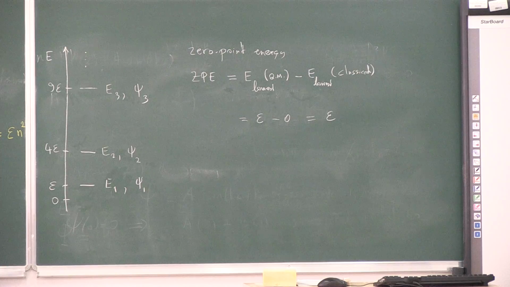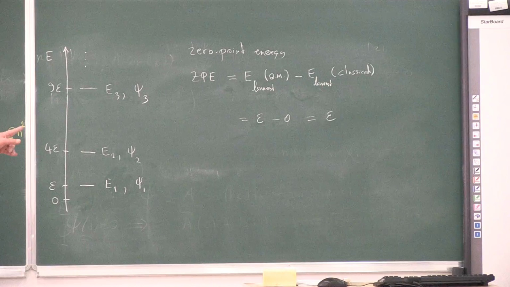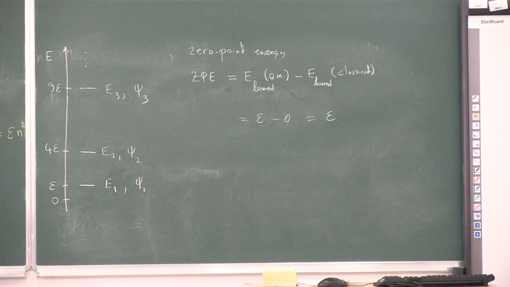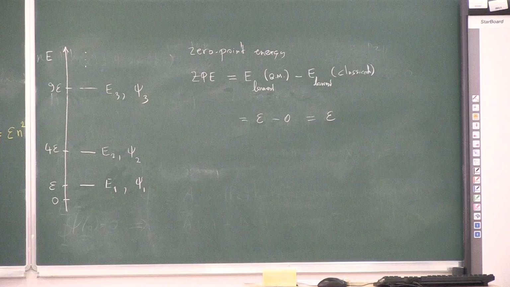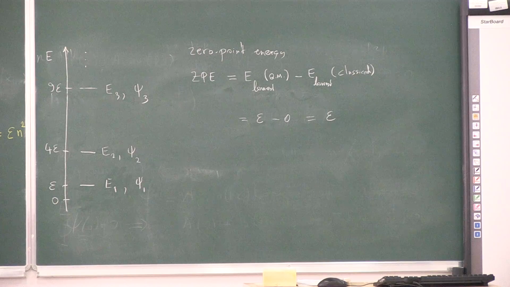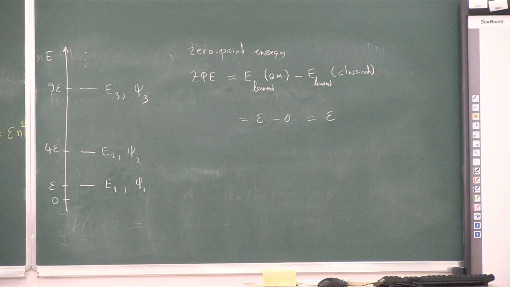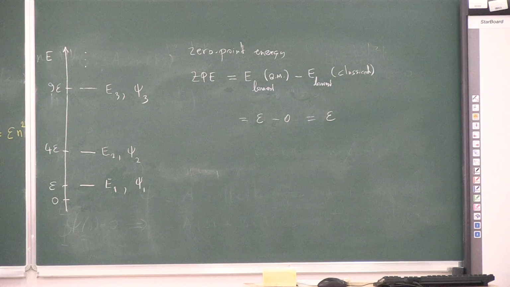Molecules also have rotational motions. We will use the same definition. In fact, we will find that for rotational motions, zero-point energy is zero, which means the classical lowest value is the same as the quantum lowest level, no difference. When zero-point energy is zero, we say there is no zero-point energy.